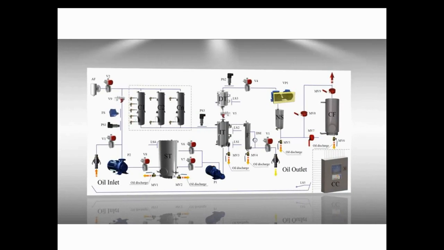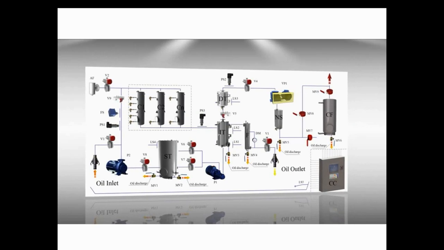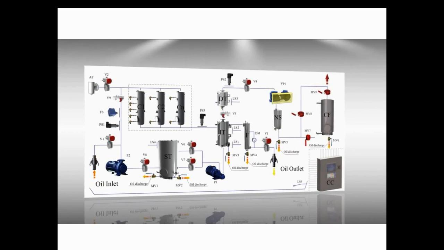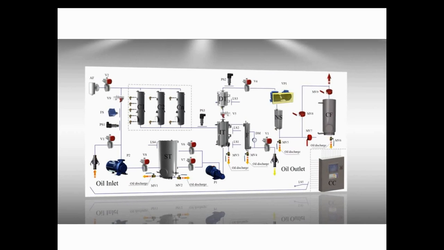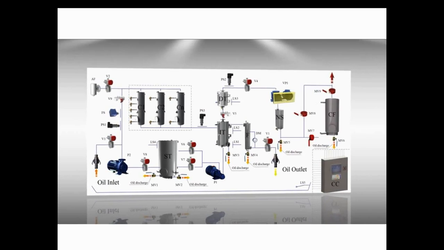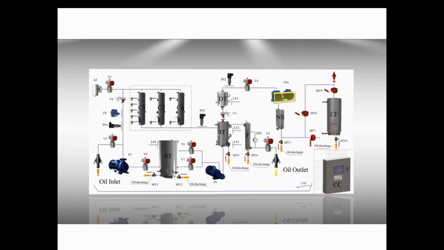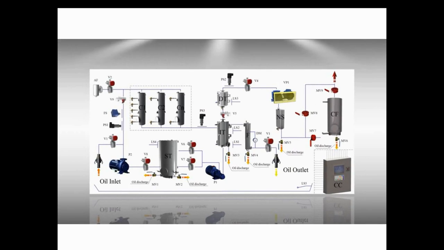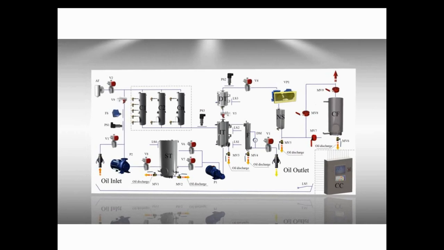Here you can see a flow chart typical for stationary regeneration plants. Through the pump, oil comes to a heater, then enters a coarse filter, passes through Fuller's Earth and leaves the plant. Reactivation is located in the Fuller's Earth columns box.